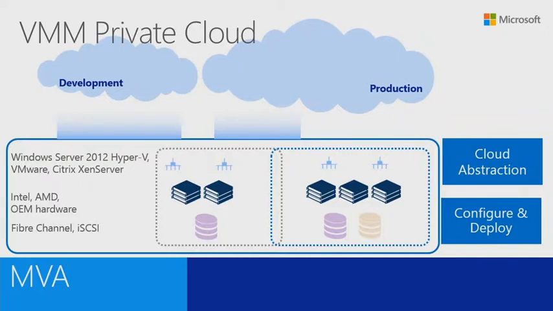Now, this gives us the ability to abstract these resources into what we call clouds. We talked a lot about clouds earlier, public cloud, private cloud, but we're going to use cloud in a little bit of a different context here. A cloud is essentially an organizational unit within Virtual Machine Manager to which you can assign particular resources.